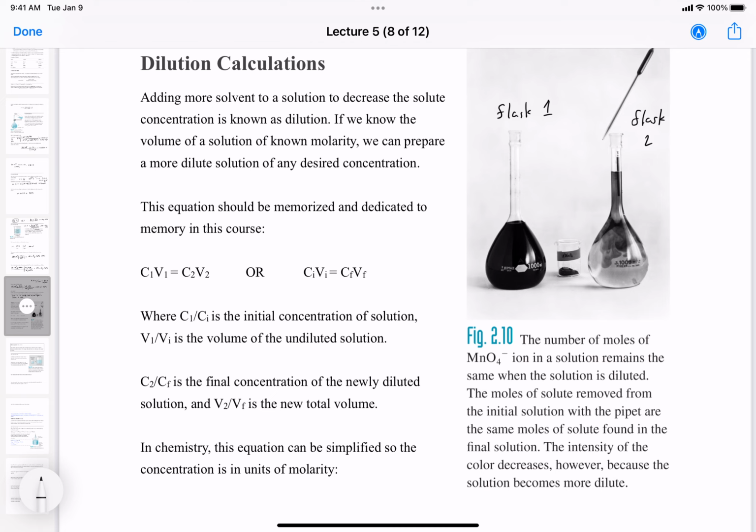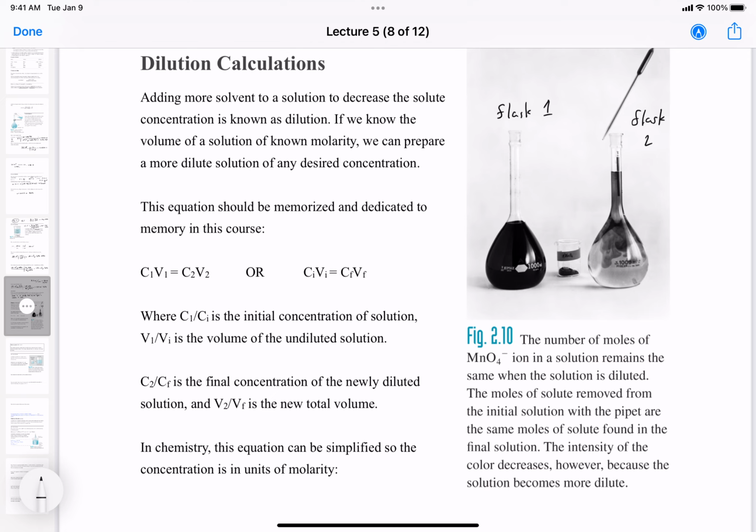We can go down in concentration, but typically in the lab we can't go up in concentration without making a new solution.